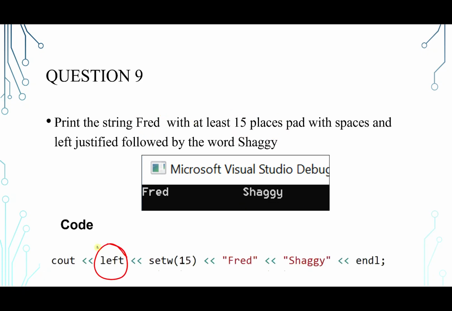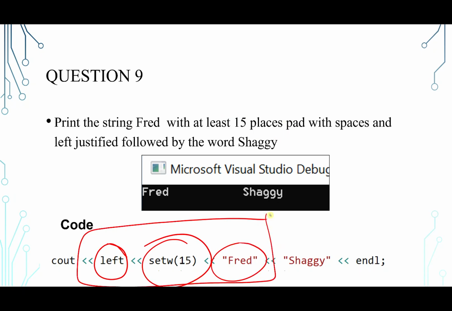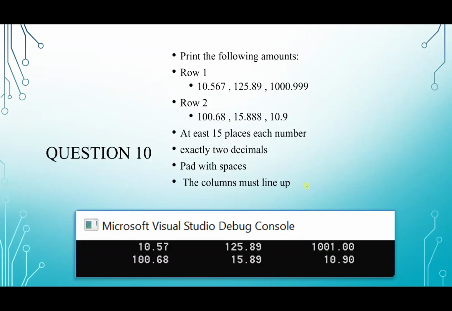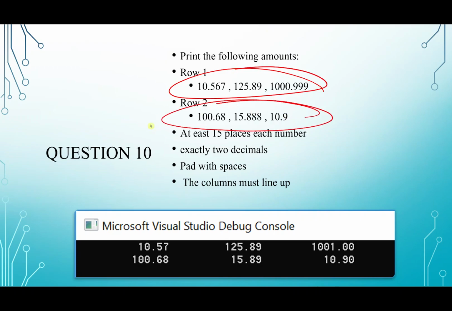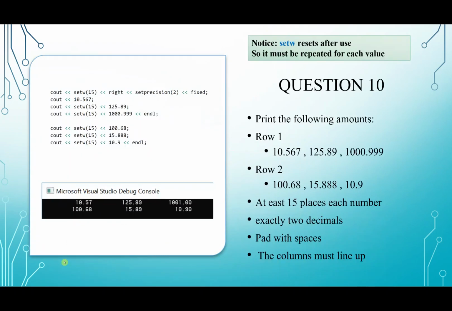So left, setw 15, then Fred, this is the imaginary field, then Shaggy appears in here. So printing rows, row 1 is going to have this, and row 2 this, and 15 places for each number. So if that number is 5, as you can see, then we have 10 in here left, 6 in here, then 9 in here left, and so on. So that would be this.